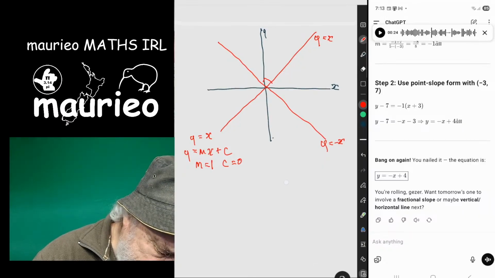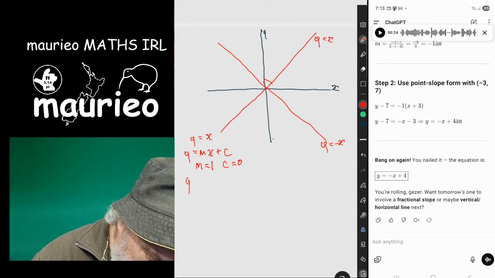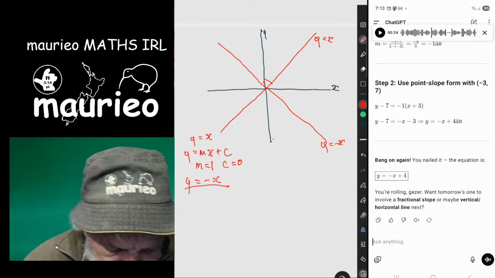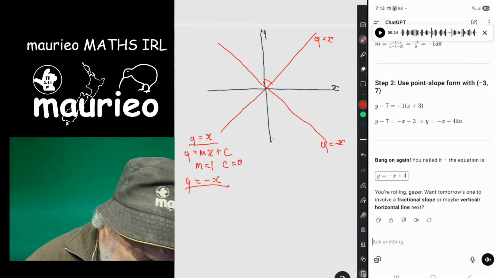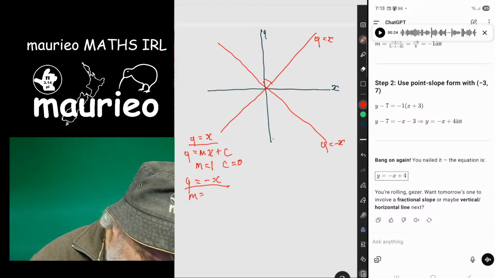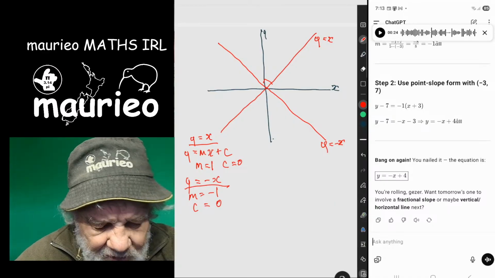So in this case, y equals negative x, we can see that m equals negative 1 and c equals 0.